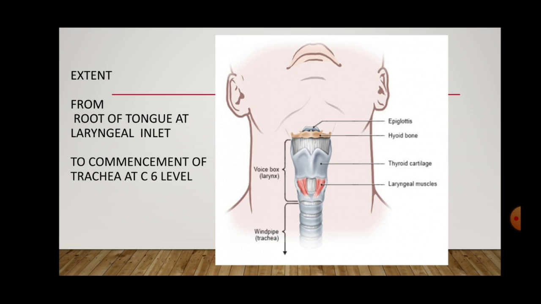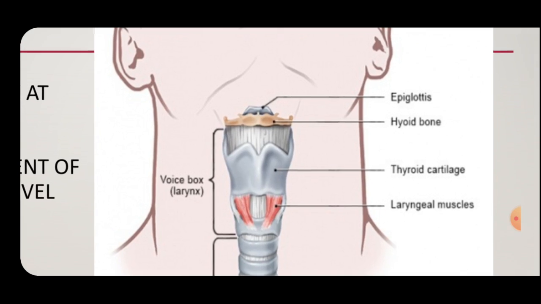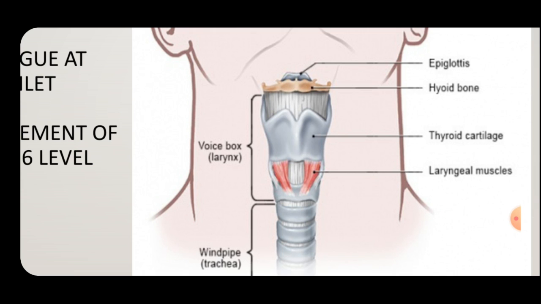So this picture again will show you the extent of the larynx. It extends from the laryngeal inlet. I hope you remember the boundaries of the laryngeal inlet. It is bounded anteriorly by the epiglottis, laterally by the aryepiglottic fold, and posteriorly by the interarytenoid folds.